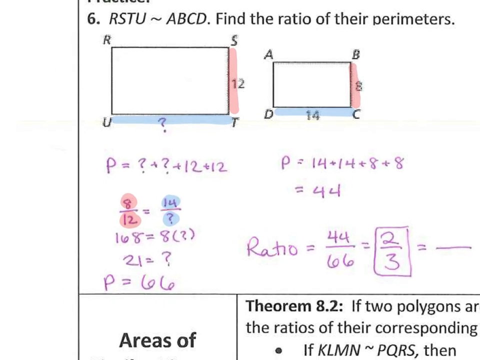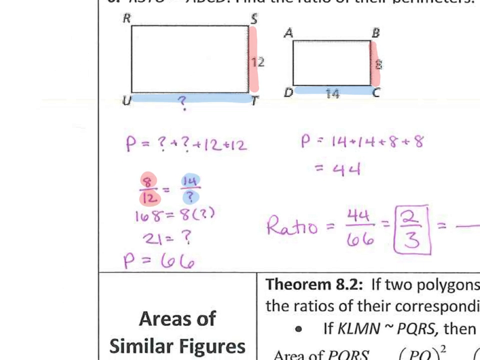Now this question right here looks exactly like the one we did in problem number 3. So I cross multiply and solve, multiplying the numbers in a diagonal. And then I divided by 8, which I didn't show my work, if you want to show me what you did. And I got that the question mark side is 21. So that means my question mark is equal to 21.